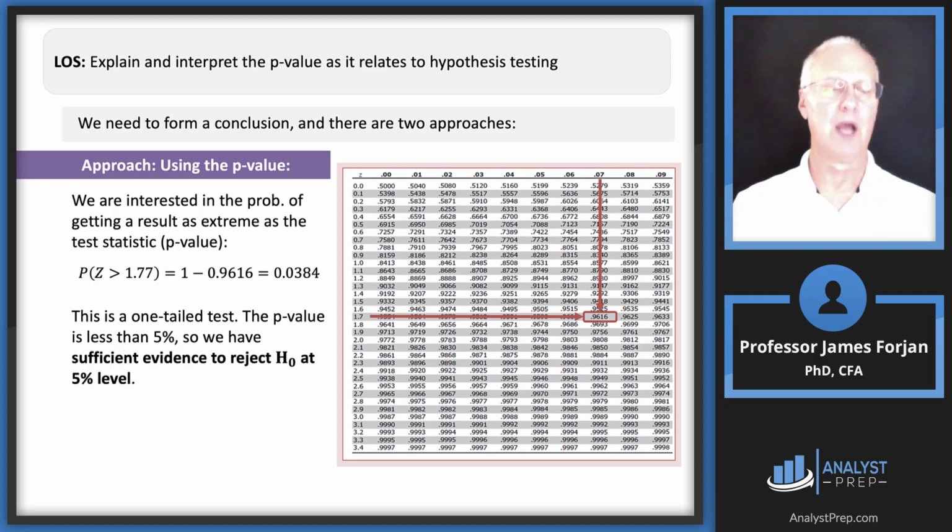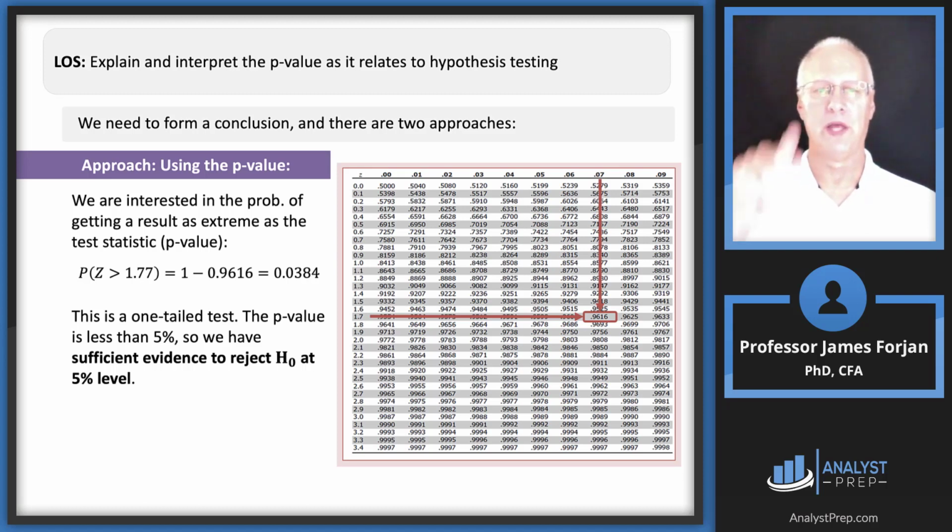Let me just remind you that if we have normal distributions and our sample is greater than 30, then we use the z table. If our sample is less than 30, then we need to use the t-distribution. Remember, those converge to each other at high sample sizes.